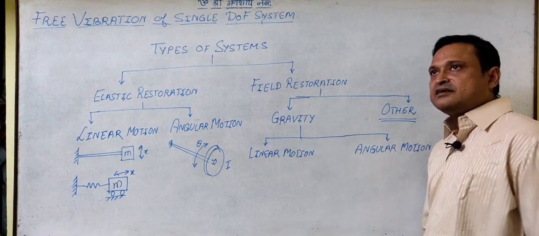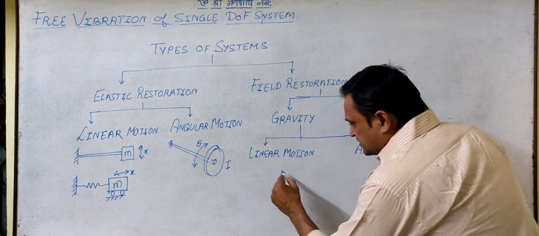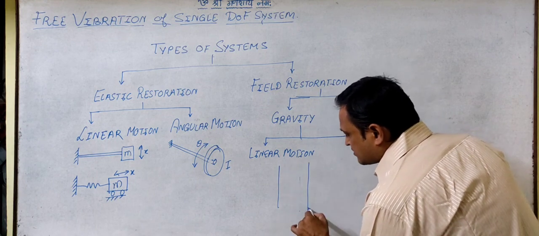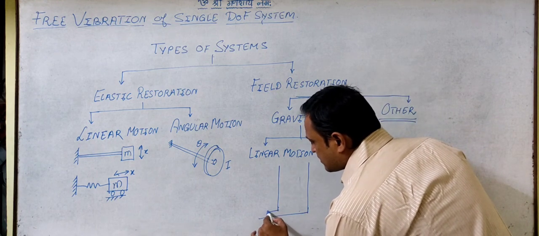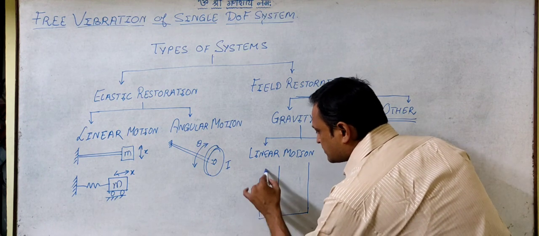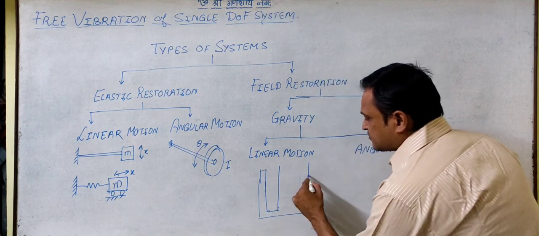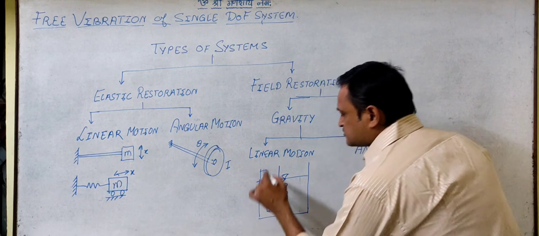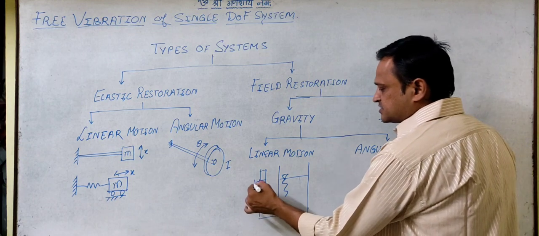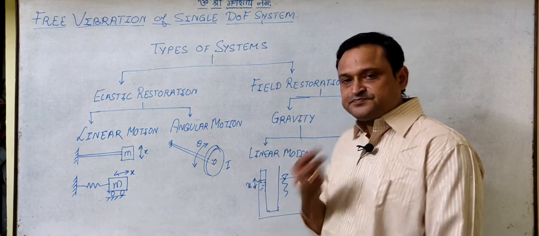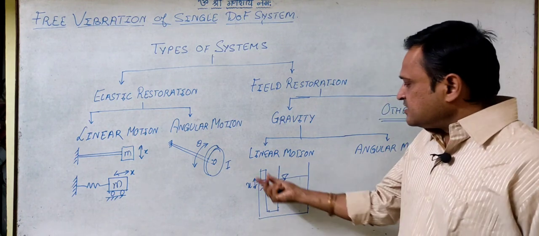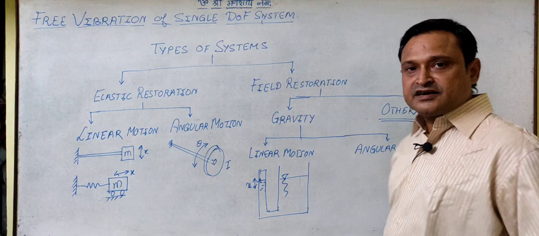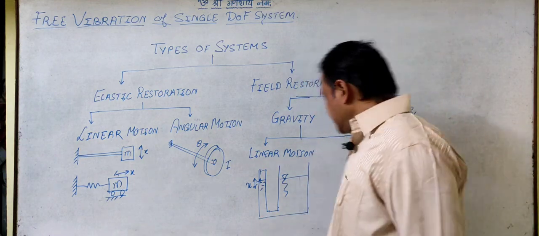Now in gravity, in linear condition, an example can be a system like this with a fluid. When it is displaced by gravity, there is a vibration in this mass of the liquid. This we can say is a linear displacement due to gravity.